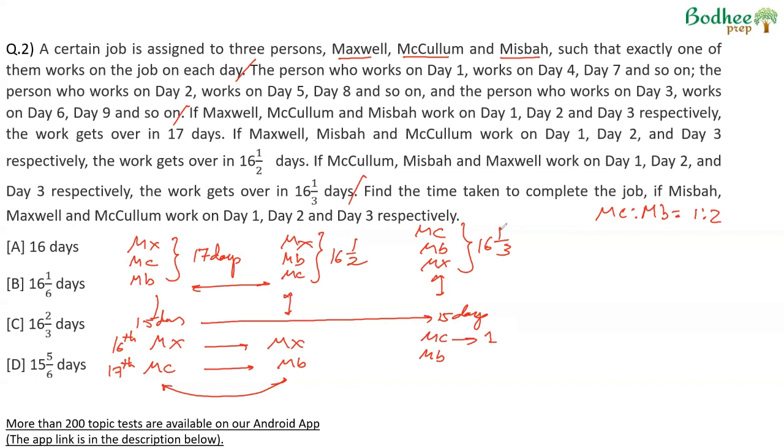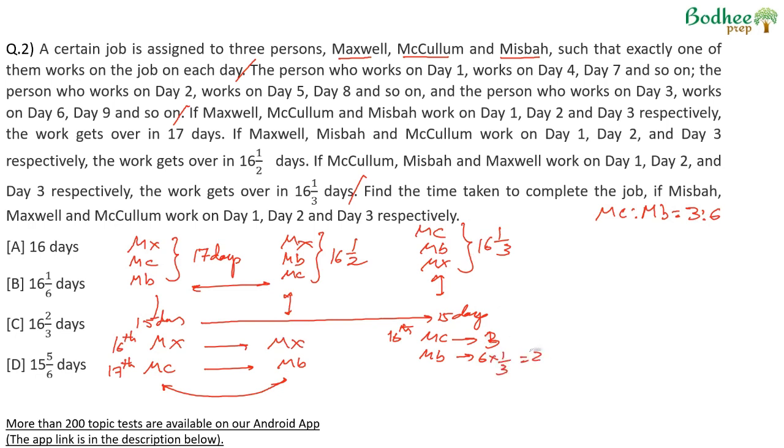Now, since here we have 1/3, I'm making an assumption: instead of 1 and 2, we can take the efficiency of McCullum to be 3 units. Misbah will be 6 units therefore. Now, on the 16th day, McCullum will come and do 3 units. On the next day, Misbah will come and work for 1/3 of a day.